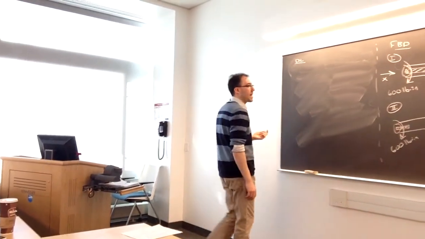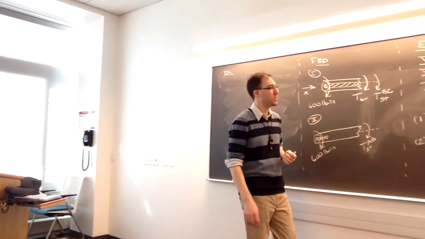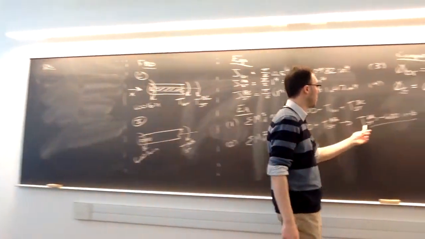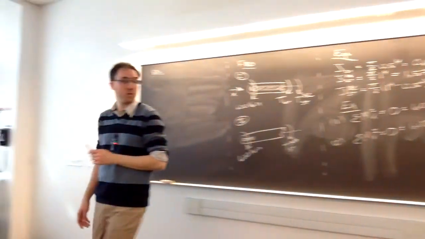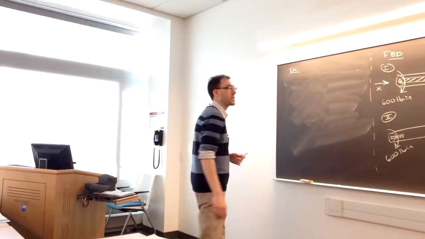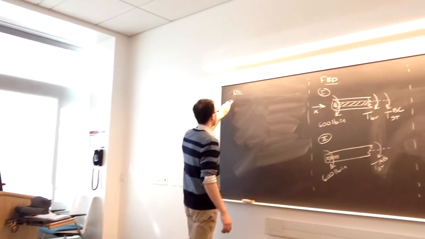So we can relate the deformation to the internal loads. Since we already know the internal torque in the steel, or the internal torsion in the steel between A and B, we probably can start there. It will be the easiest.